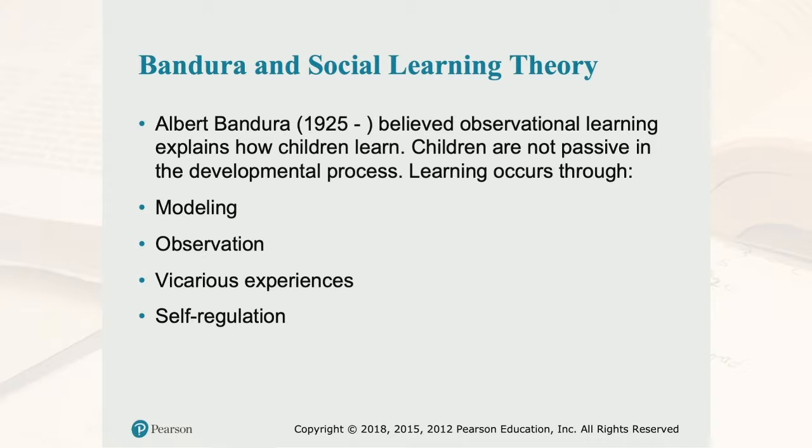They would see others do things or see things being modeled, and then they would in turn imitate that behavior, and that was how they learned. He believed that children were not passive in their development, and that learning occurred through certain processes: modeling, observation, experiences, and self-regulation.